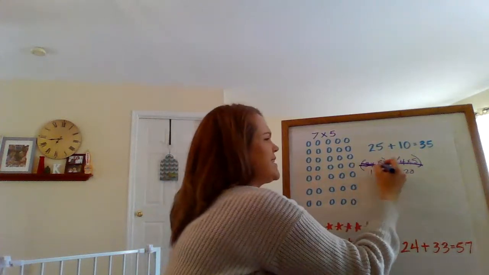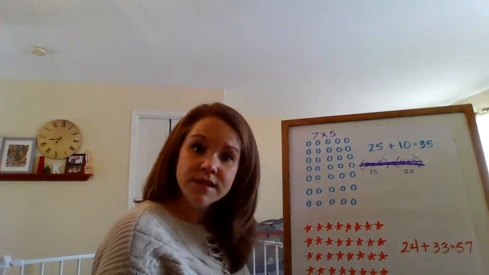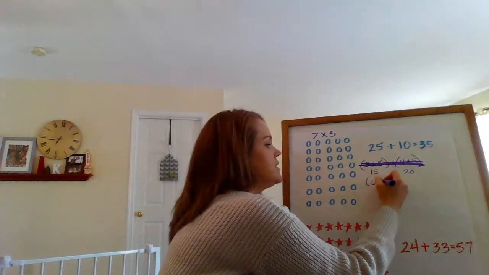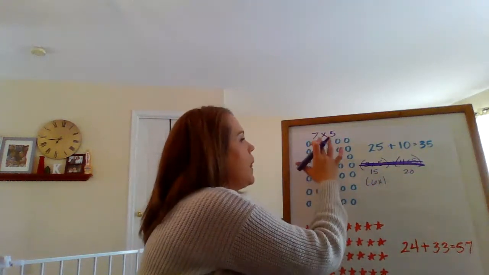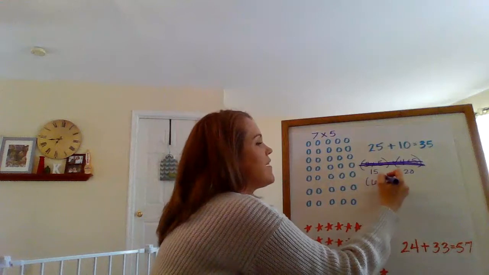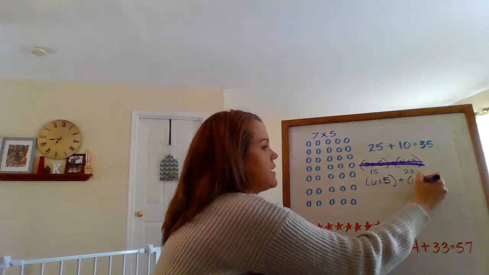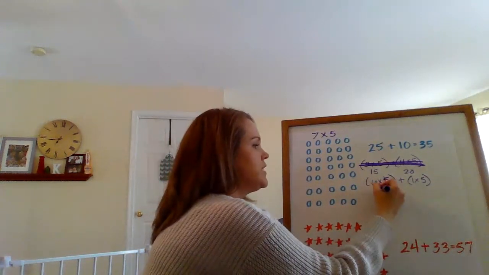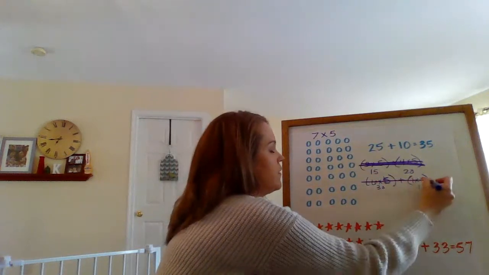Well, what else goes together to make 7? 6 and 1? Maybe. Let's try that. 6 times 5 plus 1 times 5. Is that what they did? 6 times 5 is 30. 1 times 5 is 5. They didn't do that either.